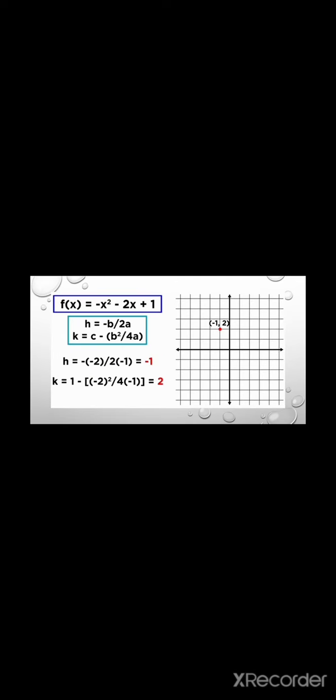Let's take our particular parabola and use the a, b, and c values to evaluate h and k, which will give us negative 1 and 2 as the x and y coordinates of the vertex, respectively. Beyond this, a is negative 1, which means that the parabola opens downwards, and that's how we take a parabola in standard form and put it into vertex form so that it's easy to graph.